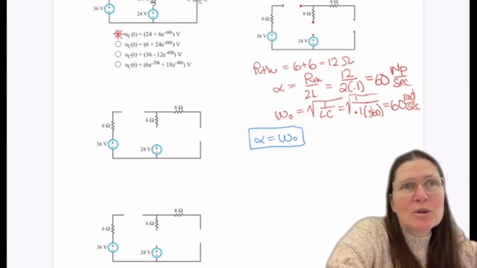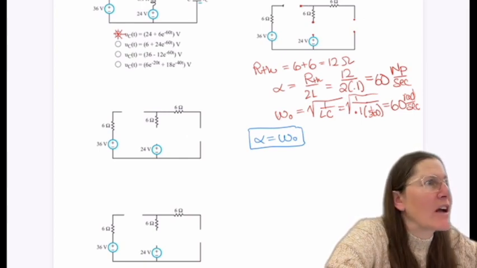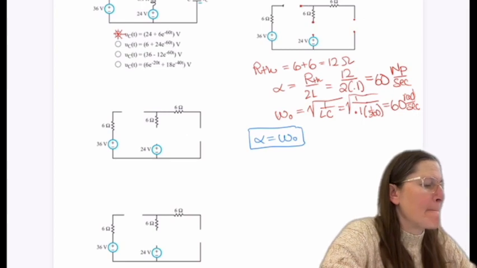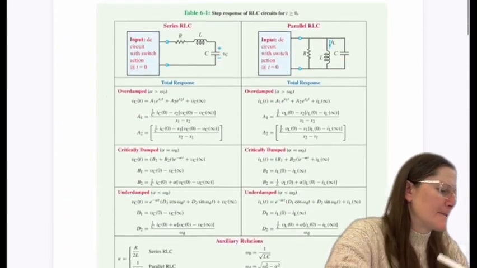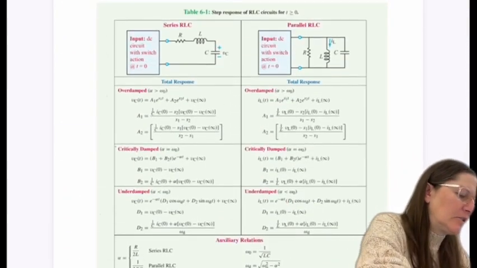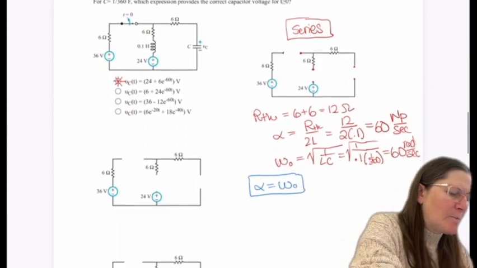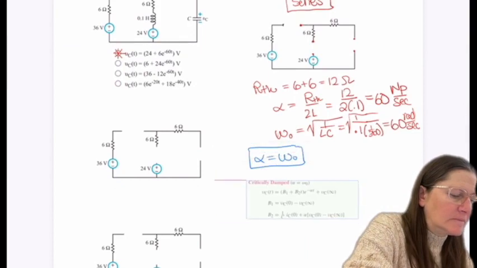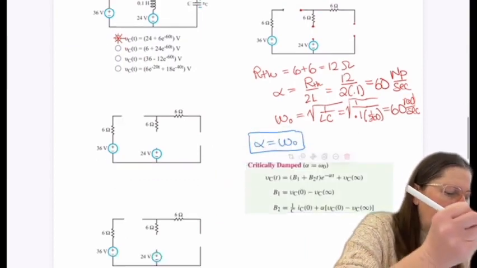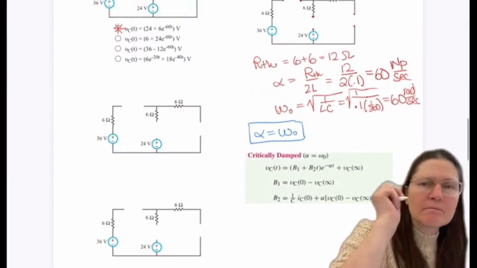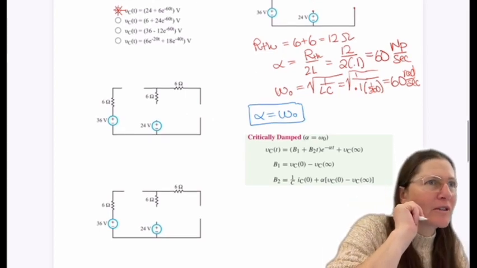Omega naught will be square root of 1 over LC, and that ends up being 60 radians per second. So they're equal, and so we're what? Critically damped. So with critically damped, go ahead and work on those if you haven't done that one yet.